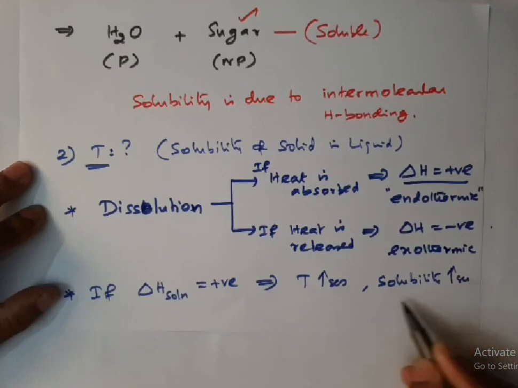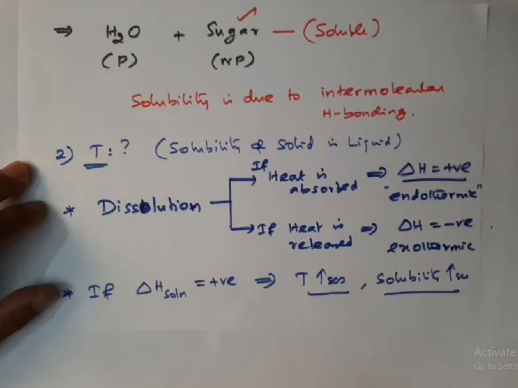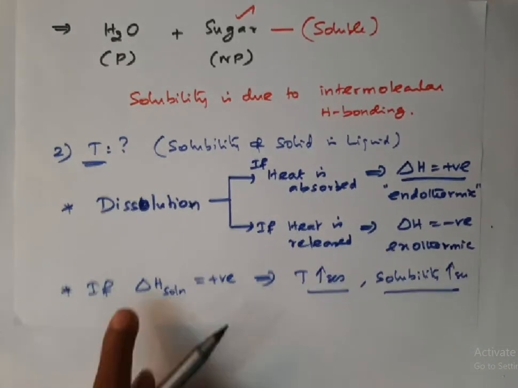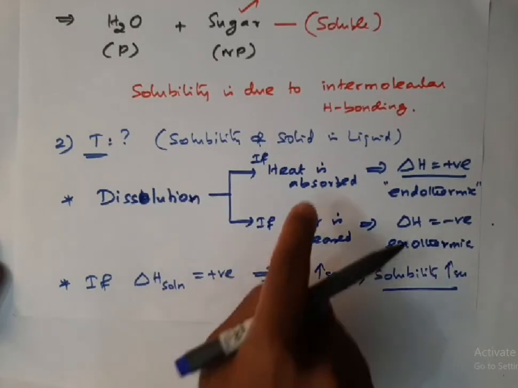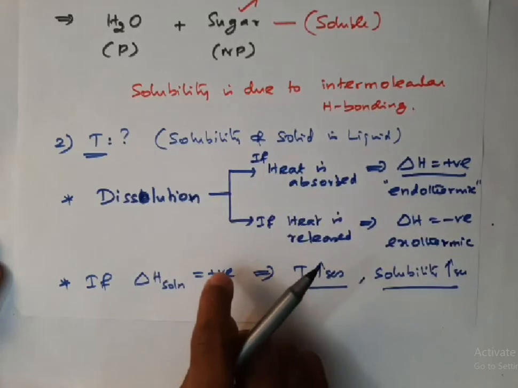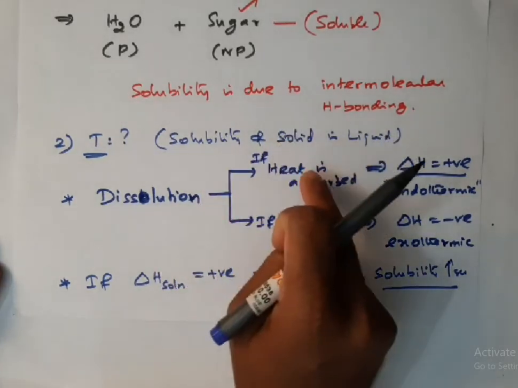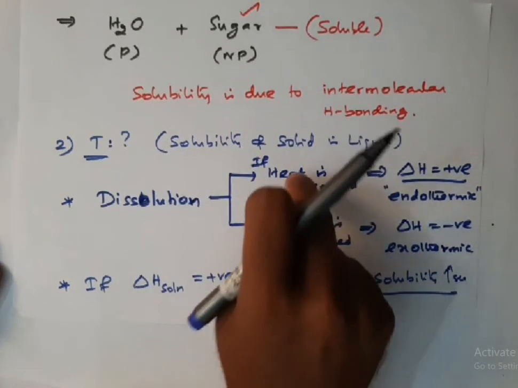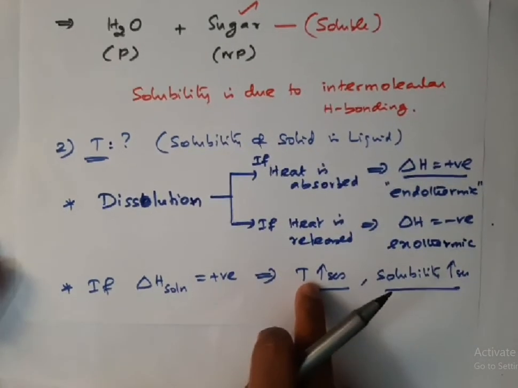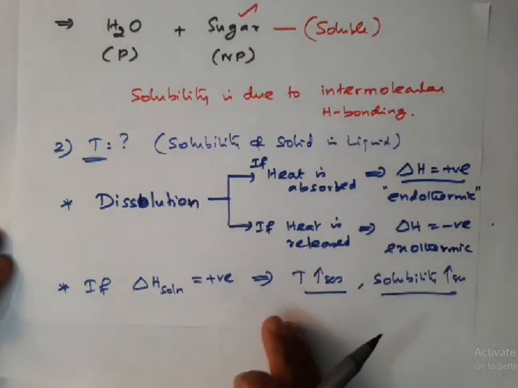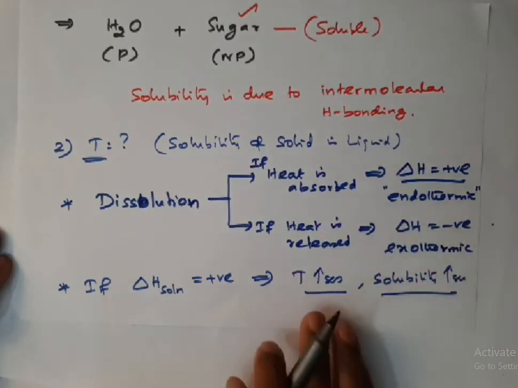Students, observe carefully, very, very important. If enthalpy of dissolution is positive, that means heat is absorbed. So for the dissolution of the substance, heat is required. If you supply heat, that is, if you increase temperature, solubility will increase.